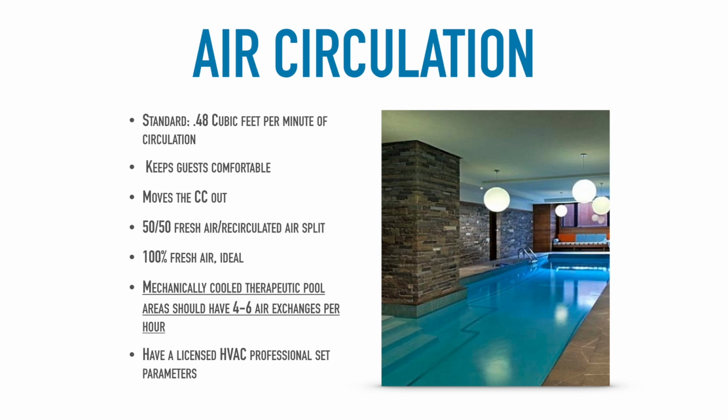Next, that 0.48 cubic feet per minute of velocity is also going to move something called our combined chlorine out of the air. Now, really quickly, the way this works is whenever chlorine's floating through the water and it interacts with some sort of contaminant, that chlorine combines with the contaminant and essentially kills it off.